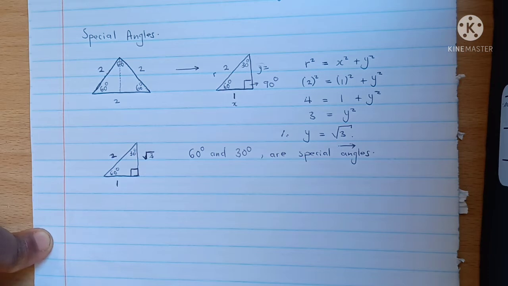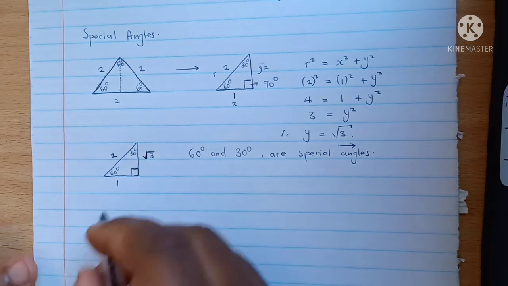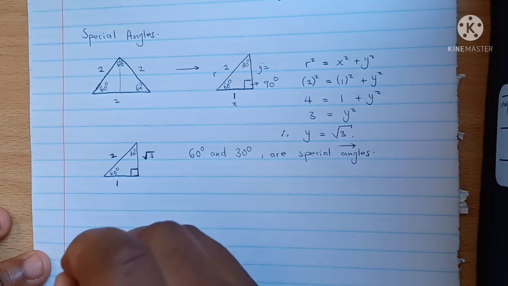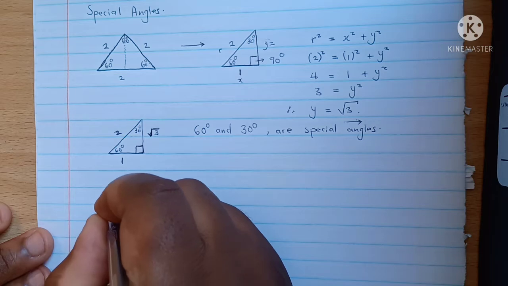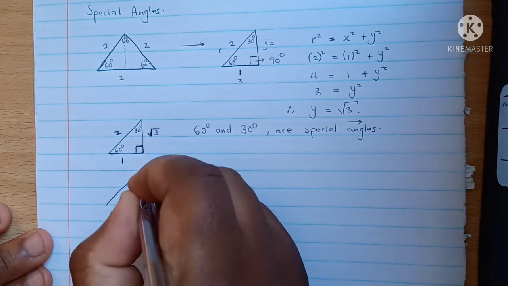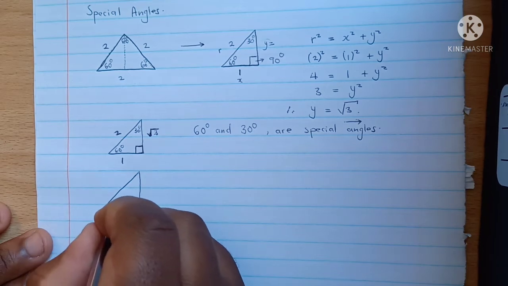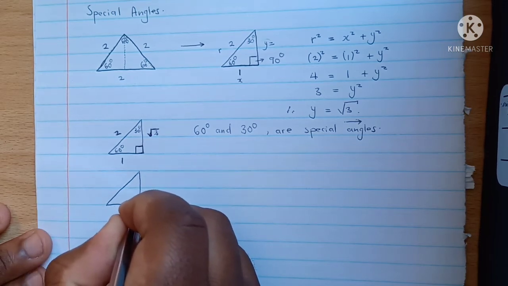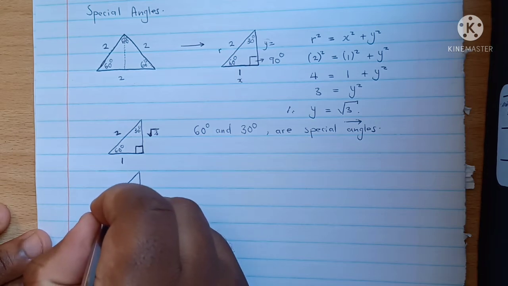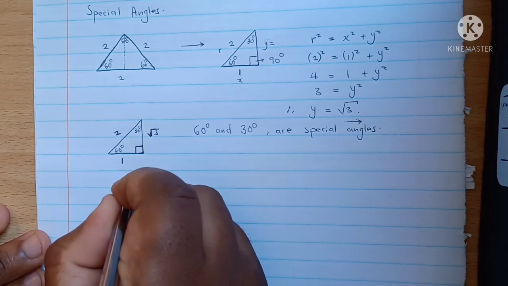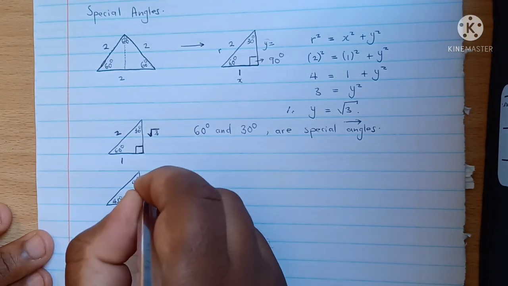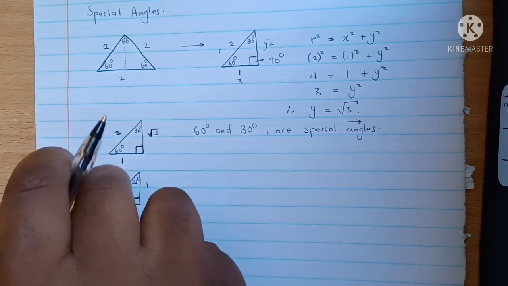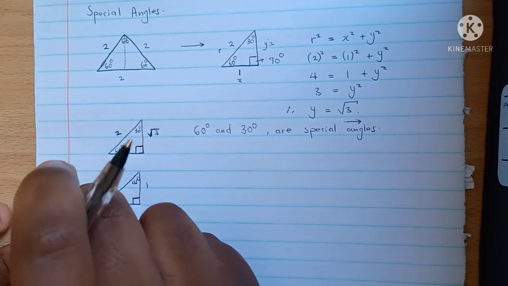But also we have 45 degrees, which is also a special angle, but it has its own triangle as well, which is basically something like this. I hope you guys can see. This will be your 90, then you have 45 degrees there, then you also have 45 degrees there. Here you have 1, 1. Then you need to find the other side.